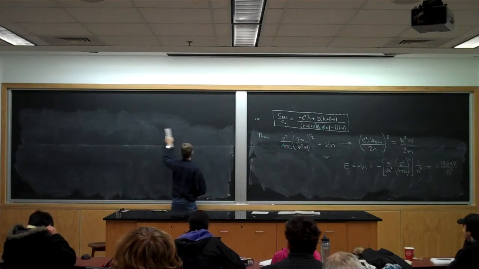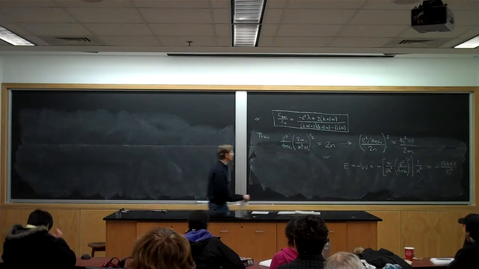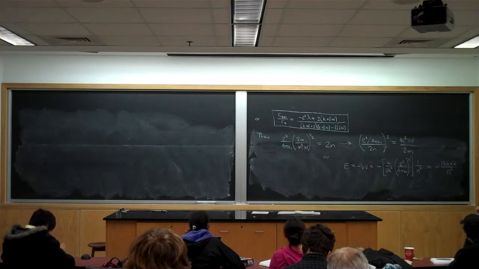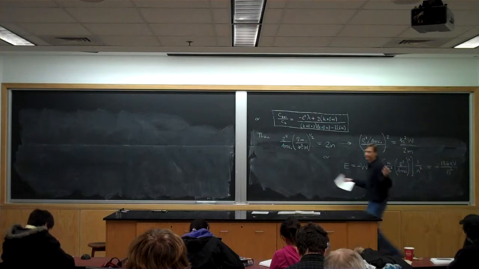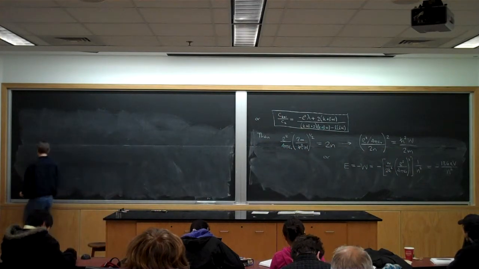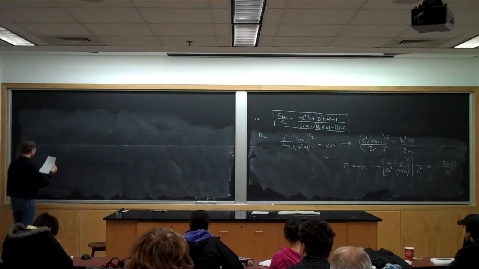That coefficient gets folded into this integer n, and the energies are minus 13.6 electron volts over n squared. So the Schrodinger equation successfully predicts the observed energies for hydrogen.